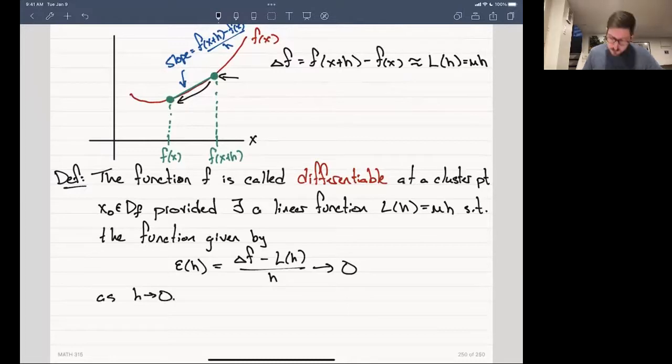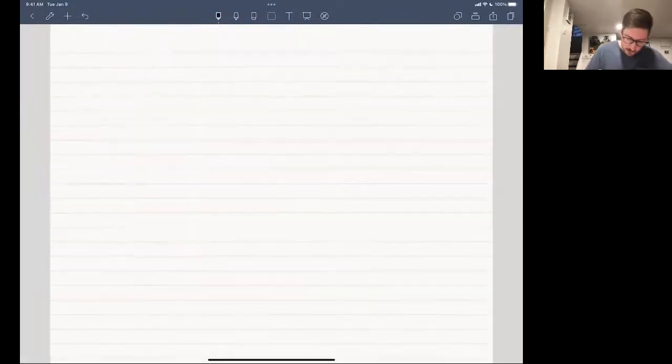So you can think of epsilon here as describing the error. I don't want you to get confused with the previous epsilons that we've used. But what I do want you to see here is that when you multiply up the h, look what happens. Let's put a remark on the next slide.